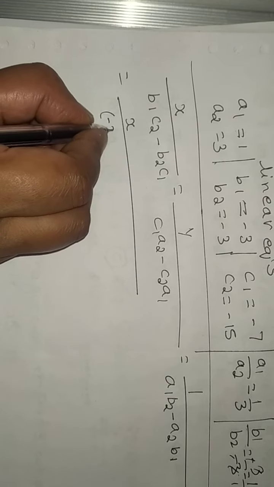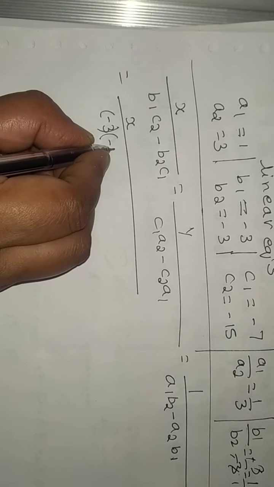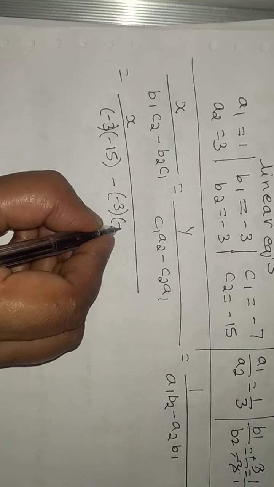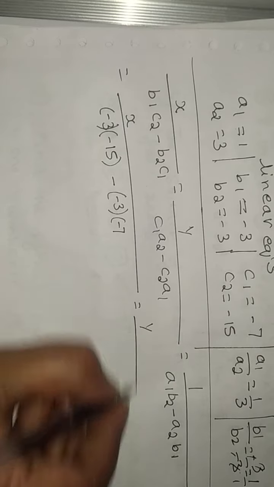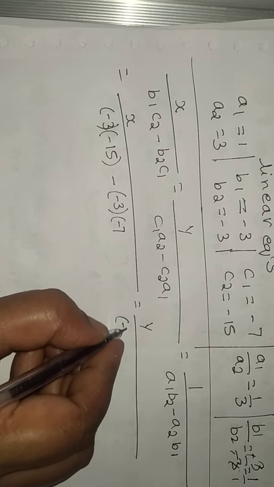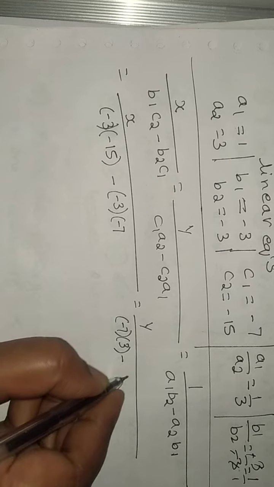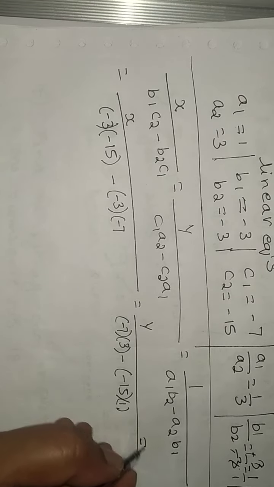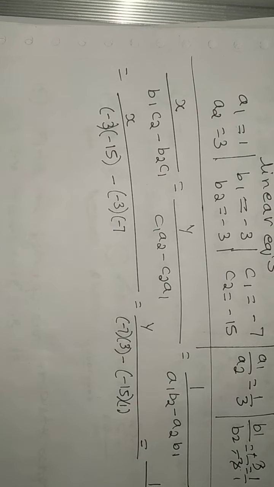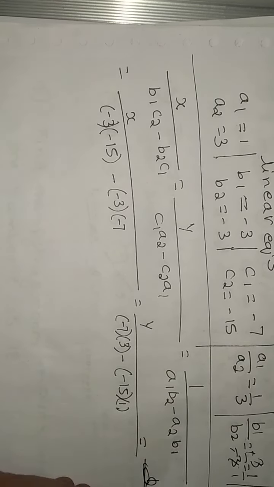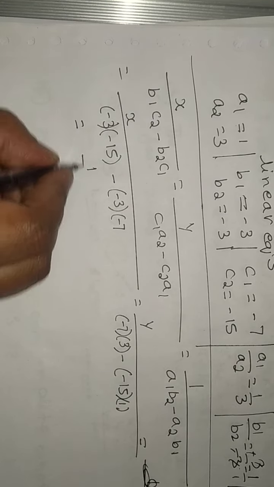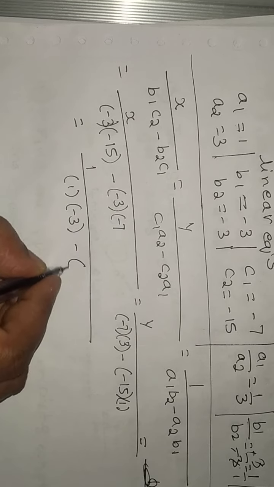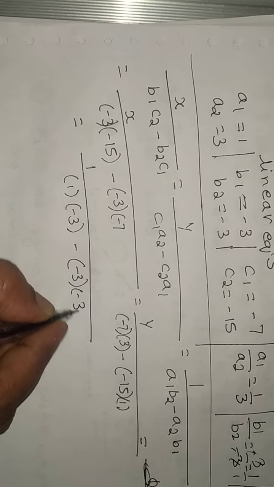So I'll directly substitute: x by minus 3 into minus 15 minus 3 into minus 7, which is equal to y by minus 7 into 3 minus of minus 15 into 1, which is equal to 1 by 1 into minus 3 minus of 3 into minus 3.